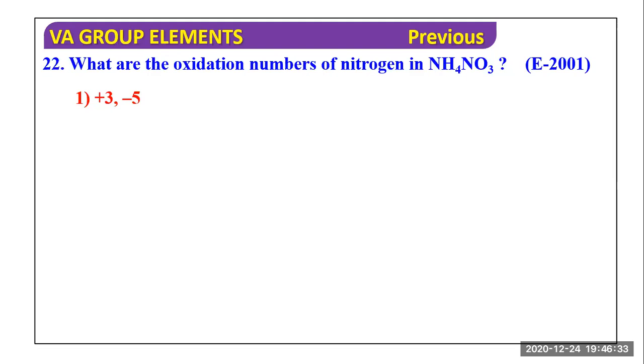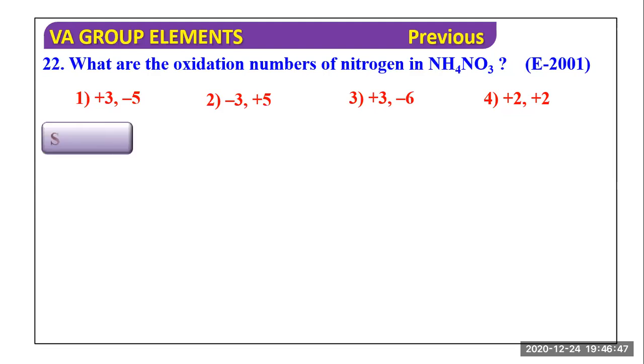So it is -3 and +5, not +3 and -6, not +2 and +2. In ammonium, you know it is -3, and in NO3 minus, it is +5. So the oxidation states of nitrogen in NH4NO3 are -3 and +5. That option is the correct one.